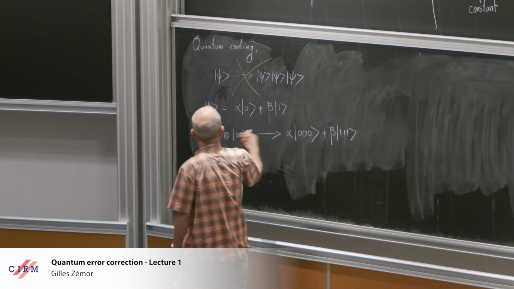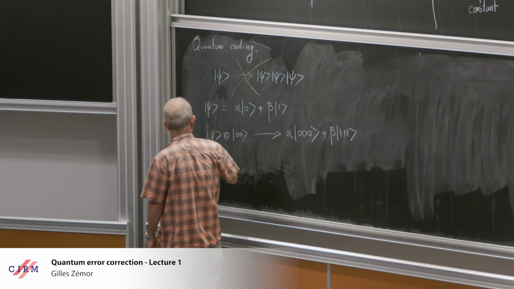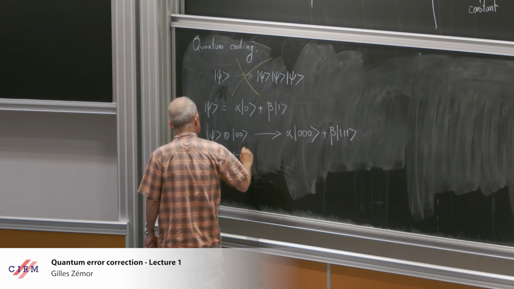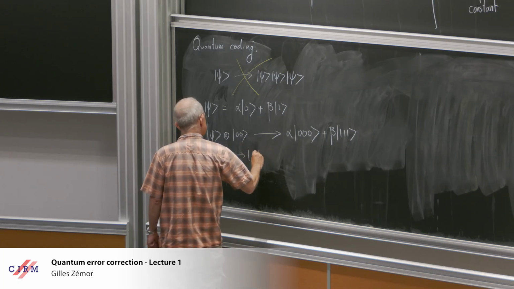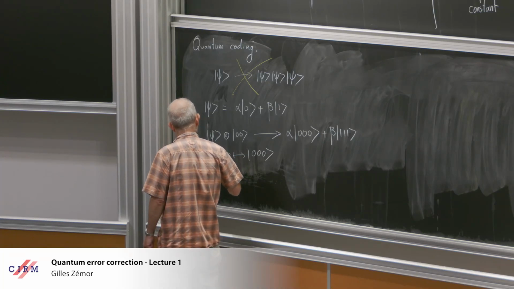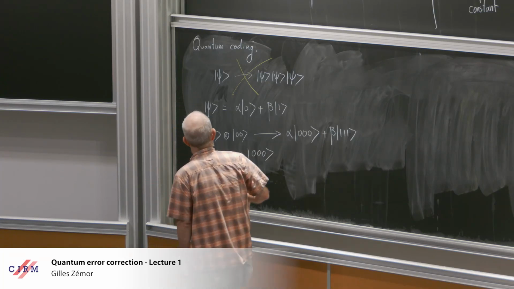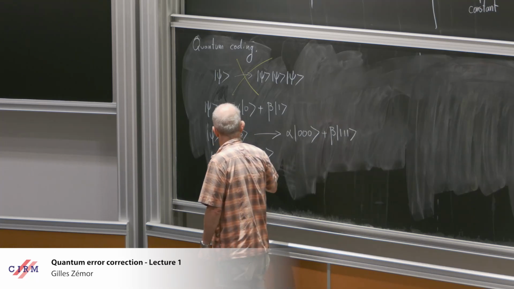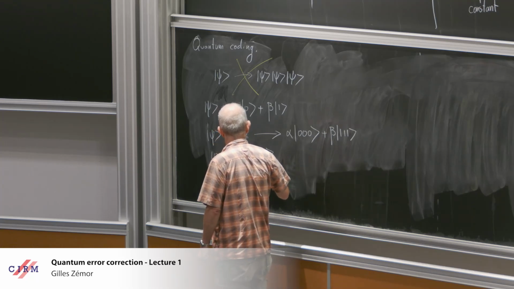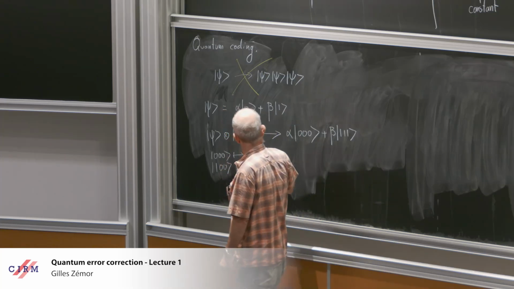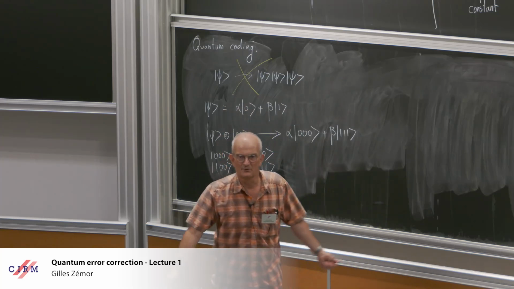So all you need to do to get this is to map 0, 0, 0 to 0, 0, 0 and 1, 0, 0, which you will get if psi is equal to 1, to 1, 1, 1. But these two states are orthogonal.